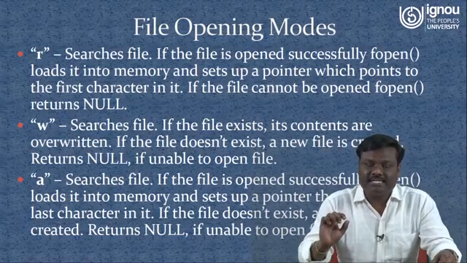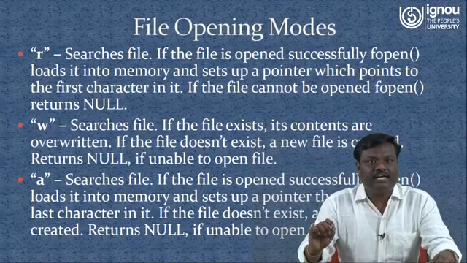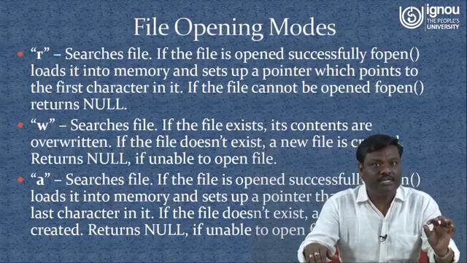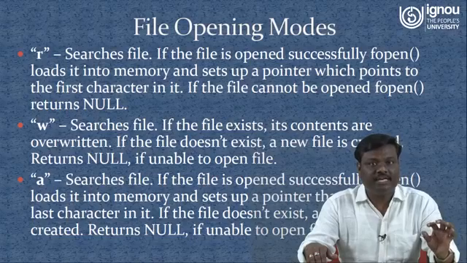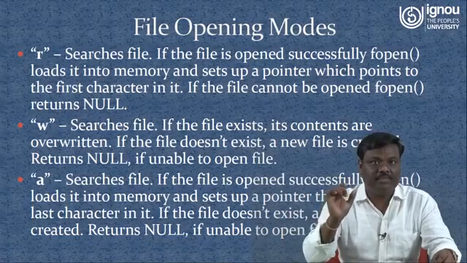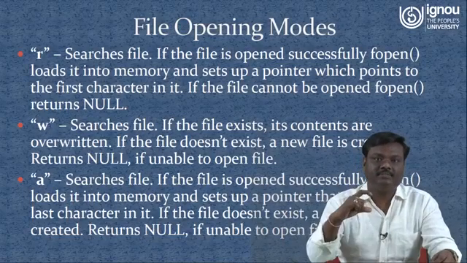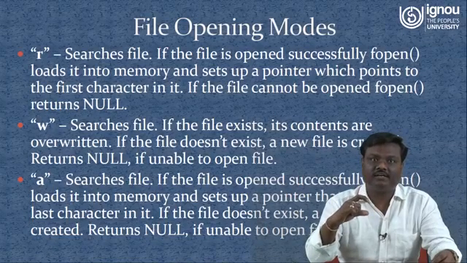When you select R as the second argument, it searches the file. If the file is opened successfully, it is loaded into memory and the pointer declaration, file star ptr or fptr, whatever you mention in the declaration part, is set up as a pointer which points to the first character in the file.